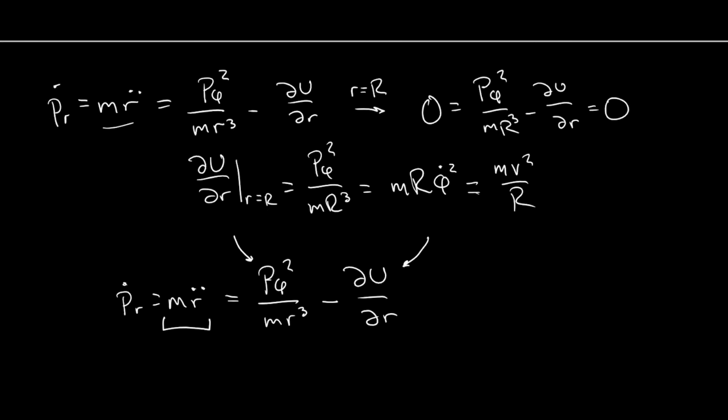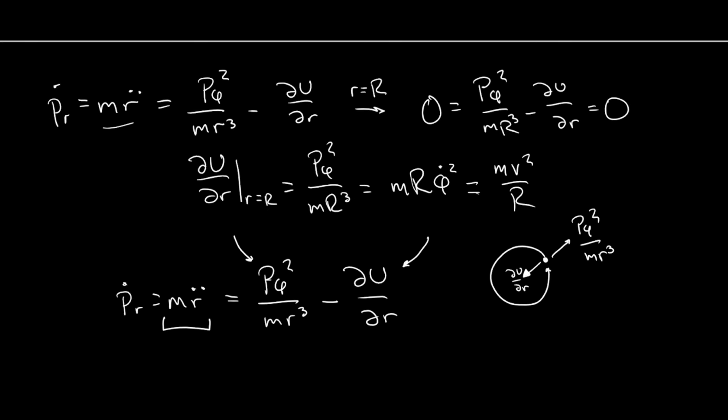So in this case, if I'm going around in a circle, I get this force, which acts inwards, and this is my du dr. This acts in the inward direction. It's trying to decrease my radius. But I also get a second force, which is outwards. p phi squared over m r cubed.